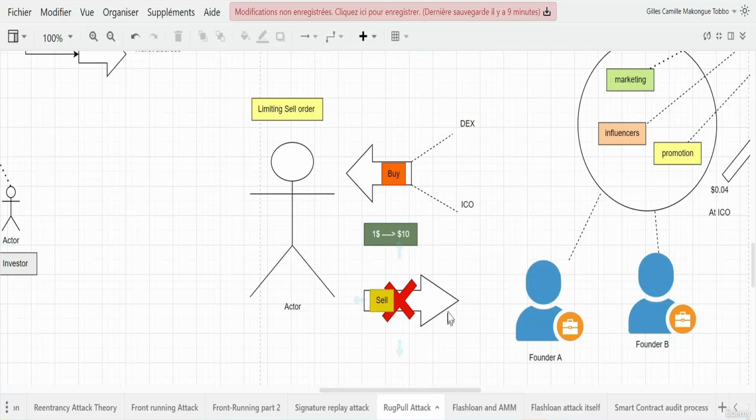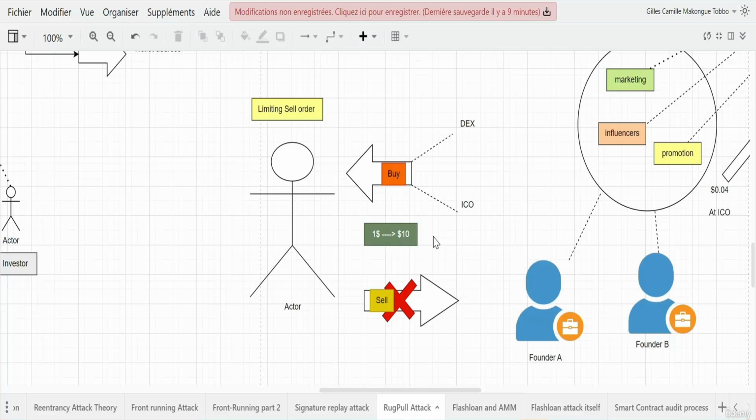You can program a line of code into the smart contract so that you cannot move the money that is inside that smart contract. So basically you have a token, a coin that has grown in value, and you are unable to sell it to make some profit.